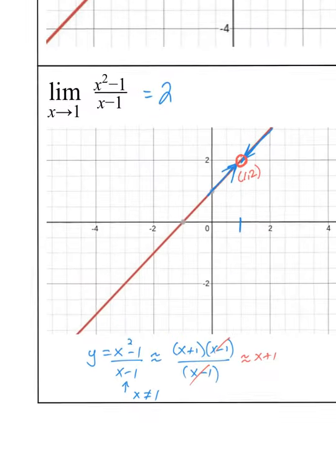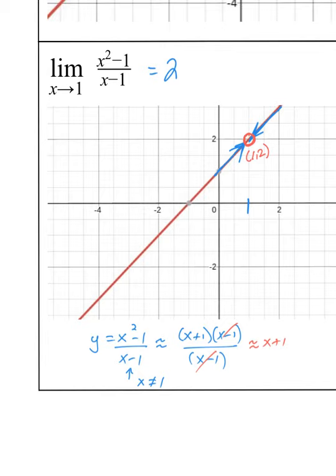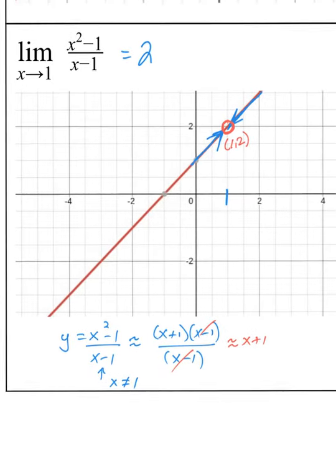In this particular case, substitution would not have originally worked, because it would have made 0 in the denominator. As the function originally stood, x squared minus 1 over x minus 1, you would have 0 in the denominator if you plugged in 1. So it would be undefined.